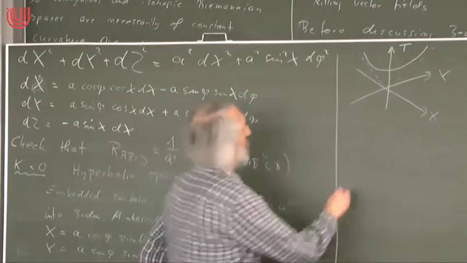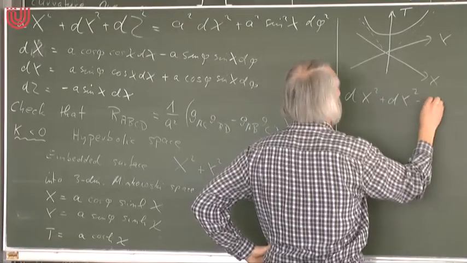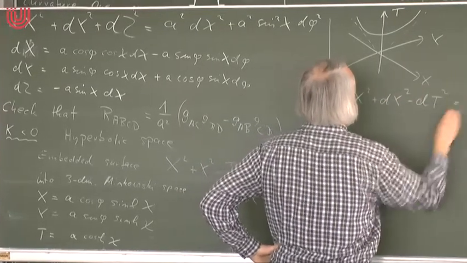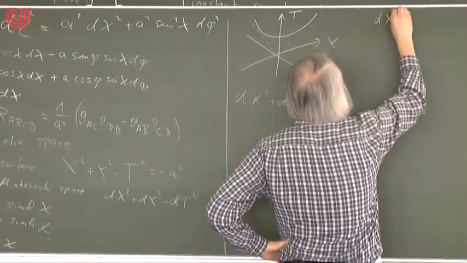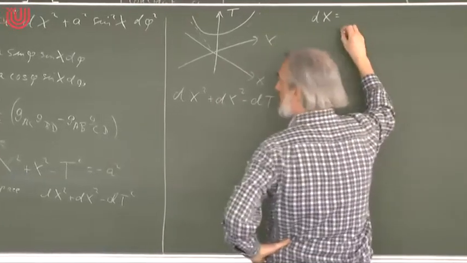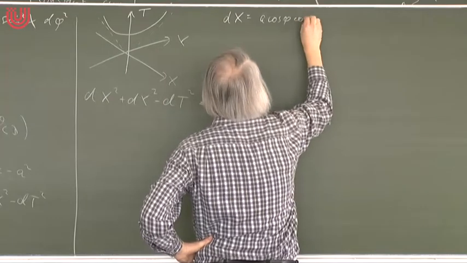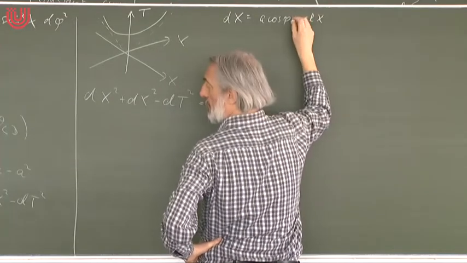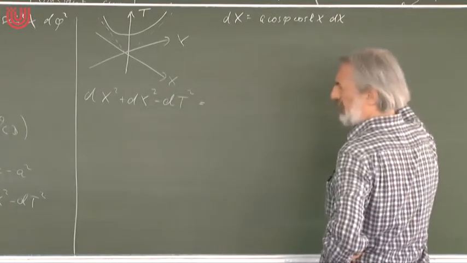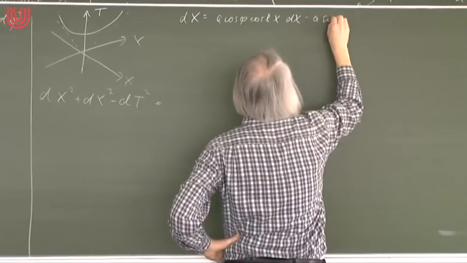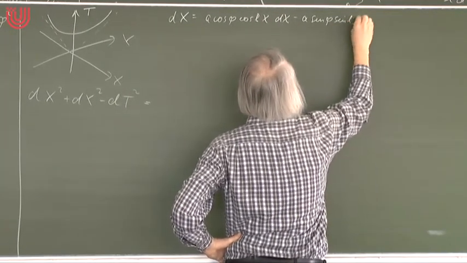Okay, so let's calculate what the metric is. dx squared plus dy squared. It's a Minkowski metric now, yeah? Not the Euclidean metric. So what is this? Oh, I should begin with calculating the derivatives. So dx, x is written there. It is a cosine phi cosh chi d chi minus a sine phi sinh chi d phi.